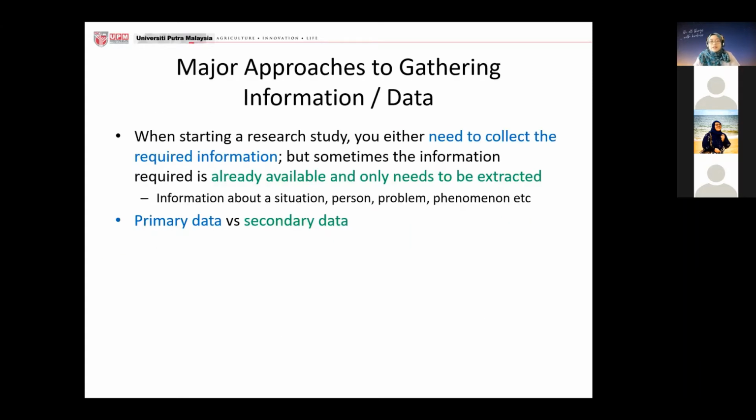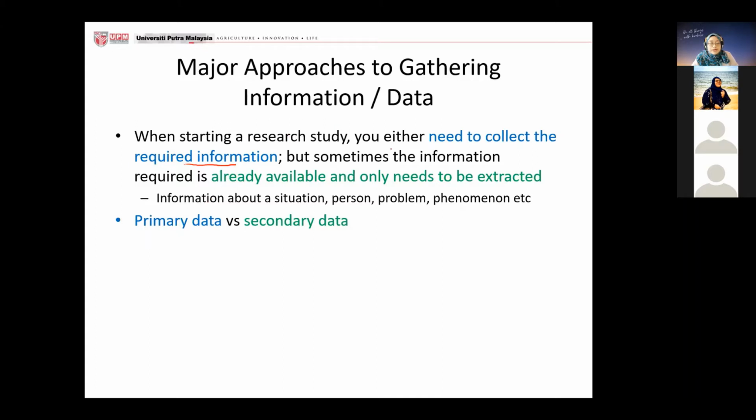So, major approaches to gathering information or data. When starting a research study, you need to collect the required information. But sometimes the information is already available and only needs to be extracted.